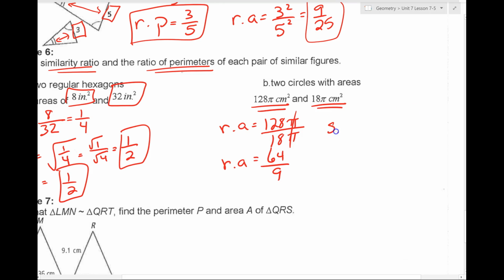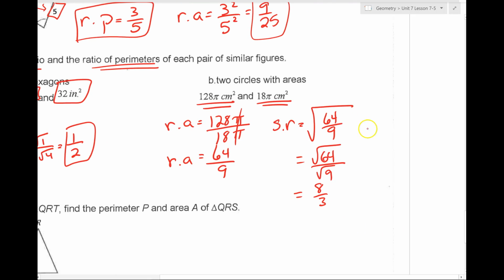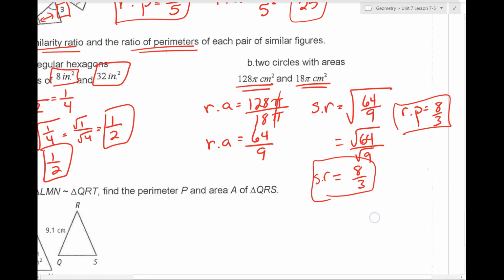Your similarity ratio is the square root of your ratio of area. So we get the square root of 64 over the square root of 9. So you got 8 over 3. And then your ratio of perimeter is going to be 8 over 3. Same thing because they're equal.